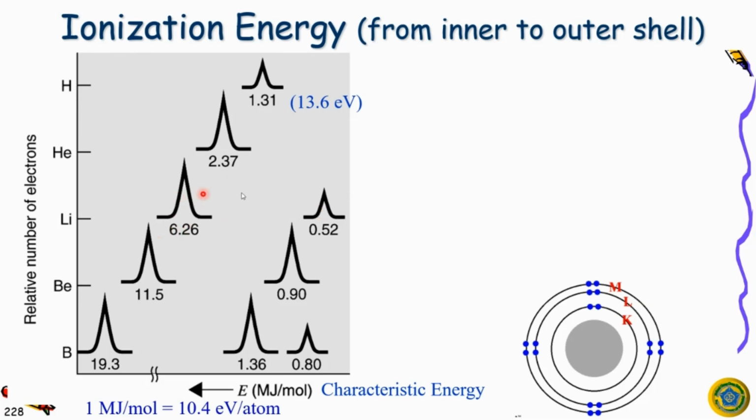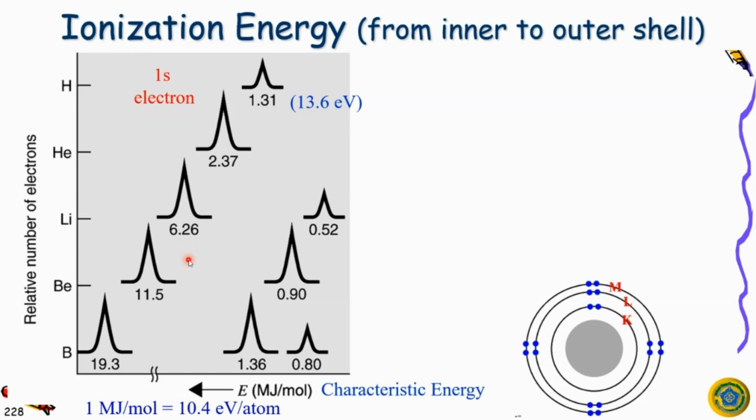The inner electrons require more energy, as you can see. This is 0.52 megajoule per mole, but the inner electrons require very high energy, about 6.26 megajoule per mole, to take out 2 electrons from the inner shell of the atom, right?